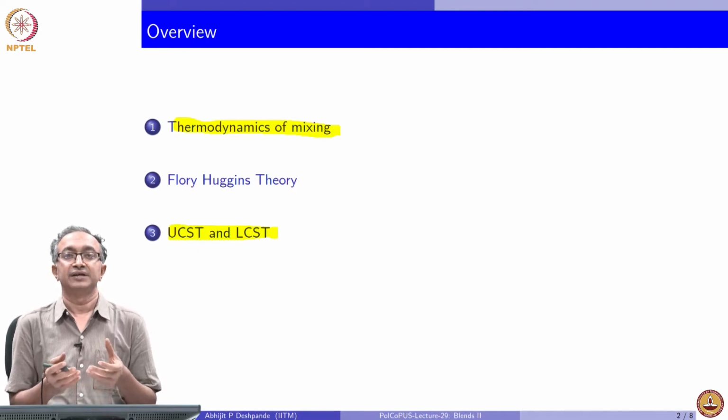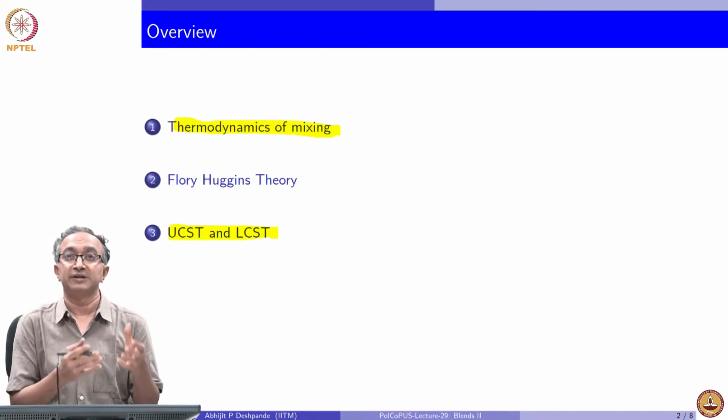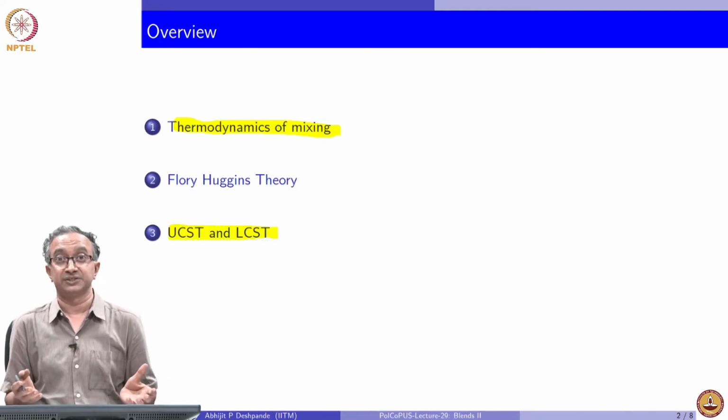Depending on the nature of molecules and the interactions, the details differ. So what constitutes, for example, the internal energy of interaction or enthalpy of interaction between molecules may change from one system to the other. Similarly, the entropy of mixing may change depending on the type of molecule we have, because the arrangement of the molecule, for example in the case of a macromolecule, is a very large molecule.